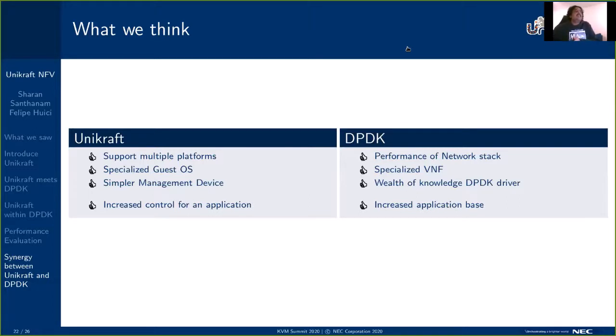DPDK provides the benefit of a highly optimized network stack, specialized VNF functionality, and a lot of untapped potential from the DPDK drivers. So I think the 2 projects go hand in hand in the VNF domain, and it is beneficial to use Unikraft as a DPDK image in virtualized network functions.